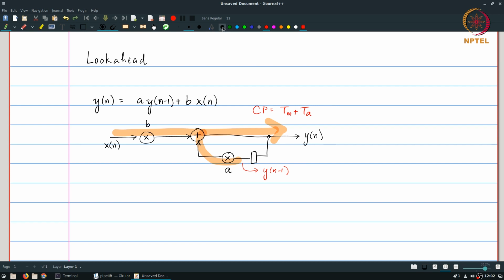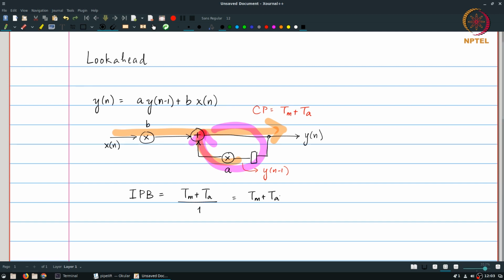But in addition to that, the important thing that we need to keep in mind is what is the iteration period bound of this system. That's determined by this loop that we have here. And the value of the iteration period bound turns out to be Tm plus Ta divided by 1, because there is only one delay element on that loop, which is equal to Tm plus Ta.